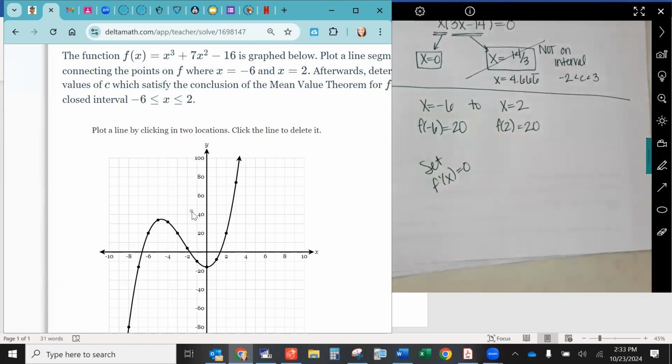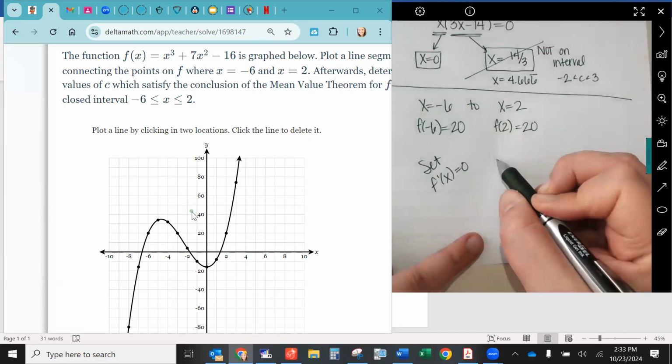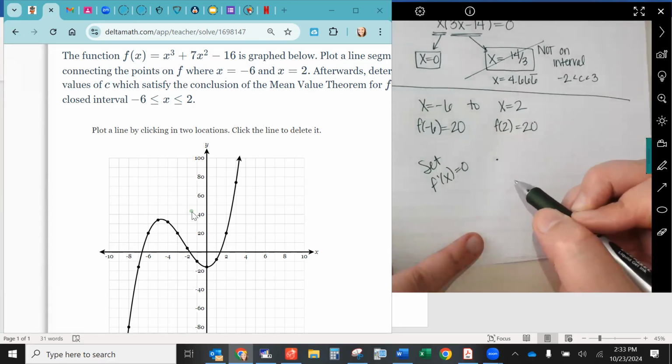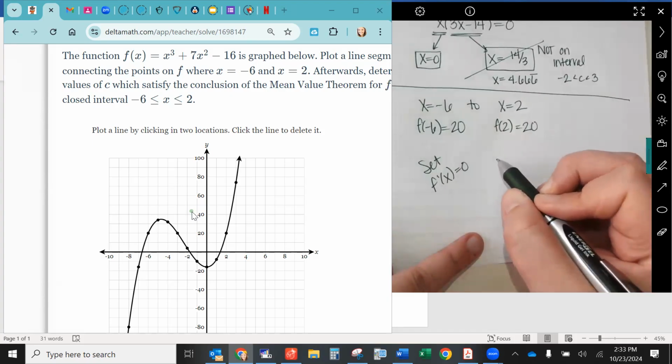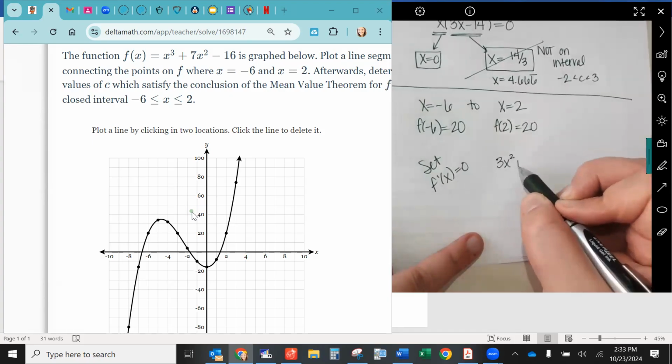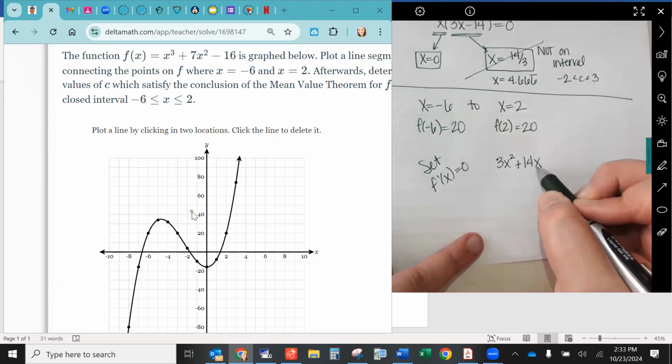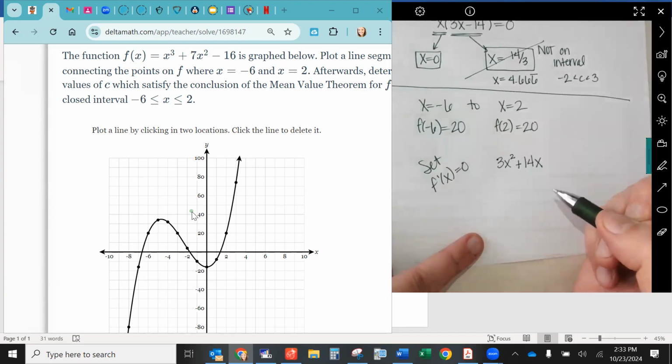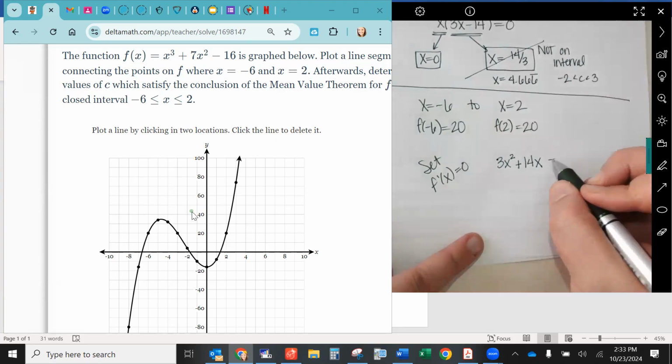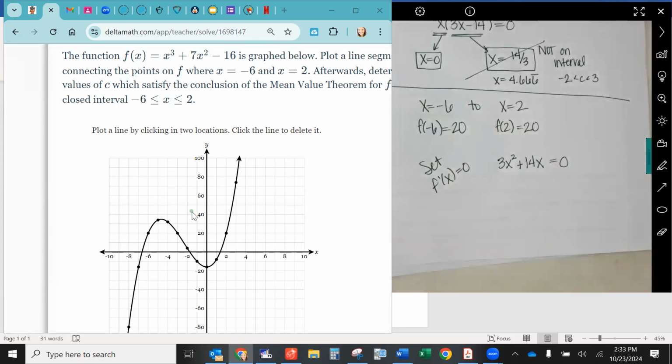Now, what is the equation of my line? Yeah, but make sure we take the derivative. Yes, 3x squared plus 14x. What happens to the 16 if it's a derivative? It goes to 0 and then equals 0. Okay, and ooh, almost the same question.